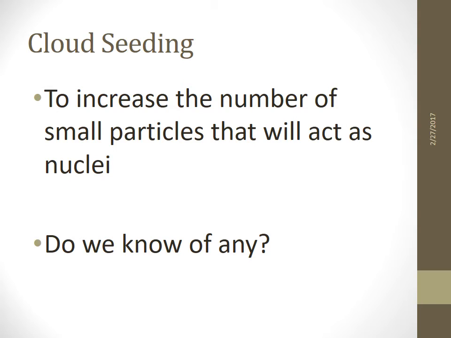To increase the number of cloud particles, to increase the number of smaller particles in the atmosphere, we call them condensation nuclei, or ice nuclei. That's what cloud seeding is: we try to put these small nuclei in the atmosphere so more ice crystals will form, or more water droplets will form, and hopefully these water droplets will fall out of the atmosphere and give us rain.